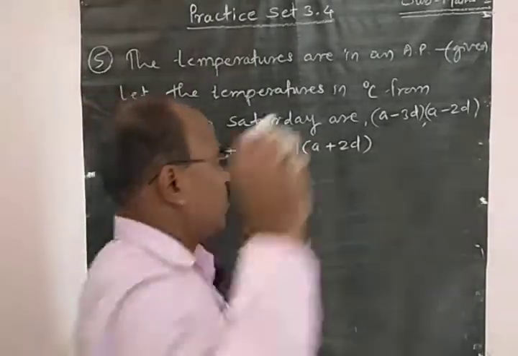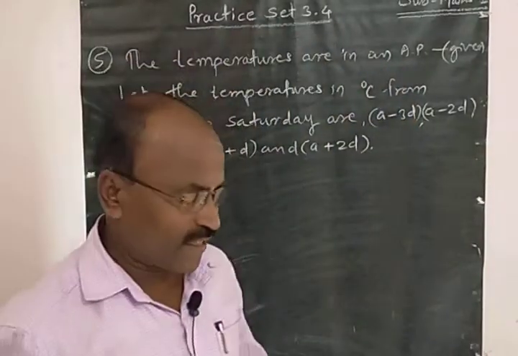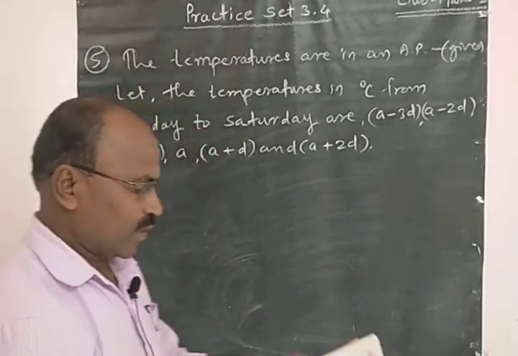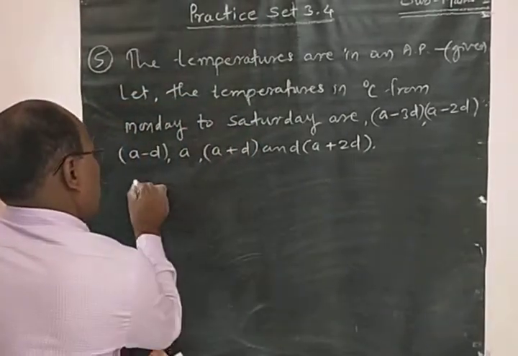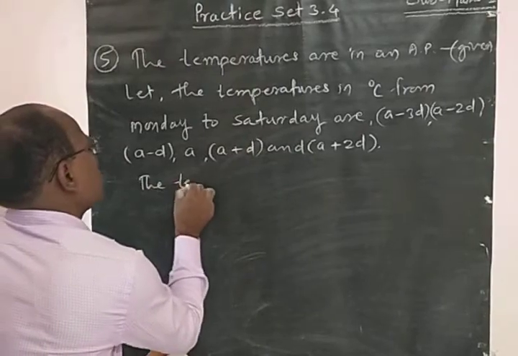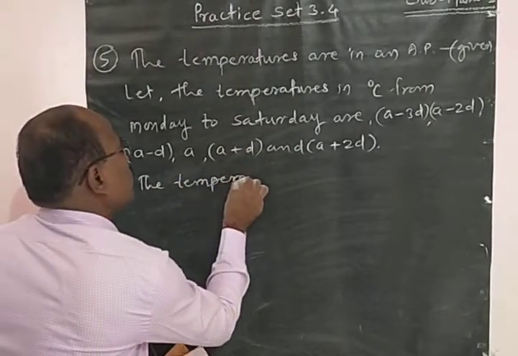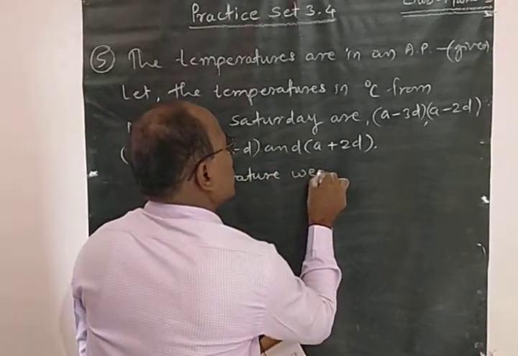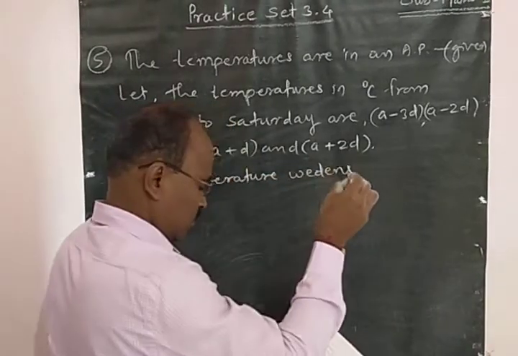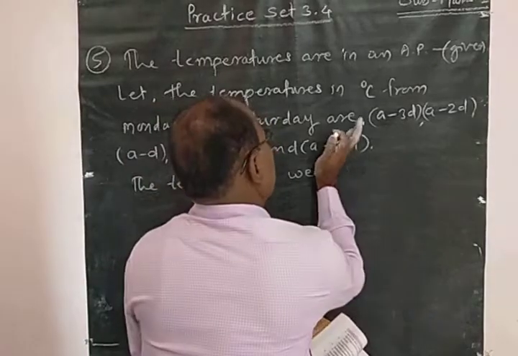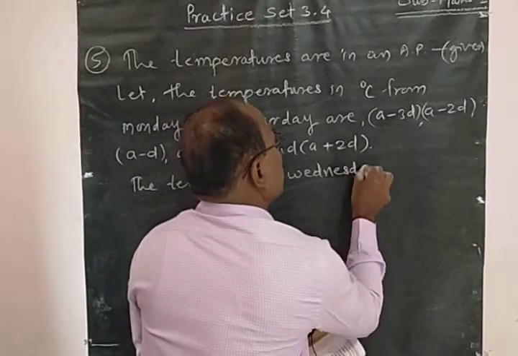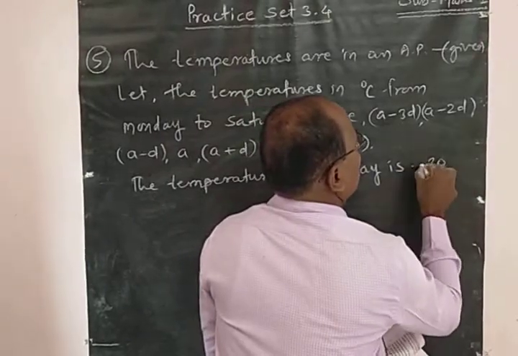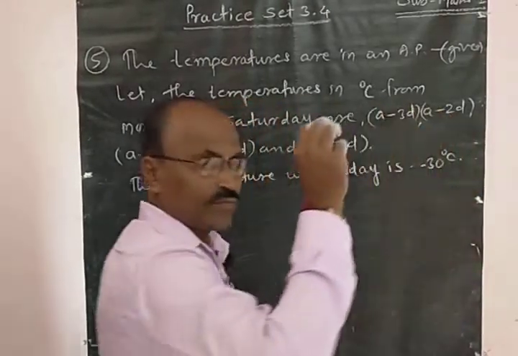So here the temperature of Wednesday is given. The temperature of Wednesday is minus 30 degrees Celsius.